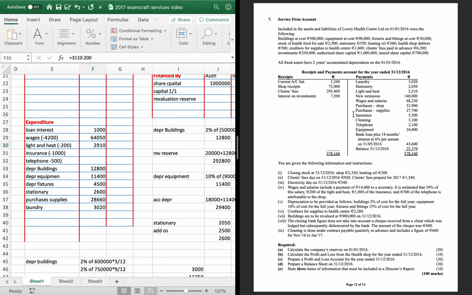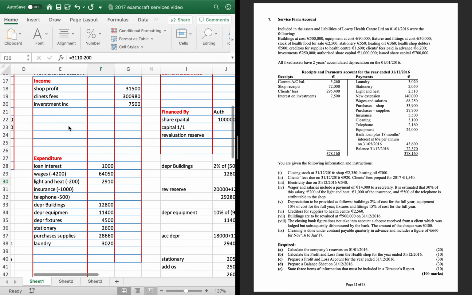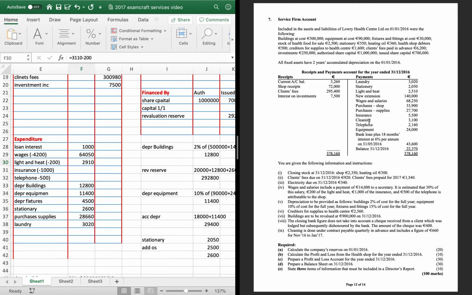Purchases for the shop is in our shop profit, which I presume I've written in. Purchase of supplies we've done, insurance minus 1,000. So that is 5.5 minus 1,000 is 4.5. Again, just making sure there's nothing at the bottom. There's not.